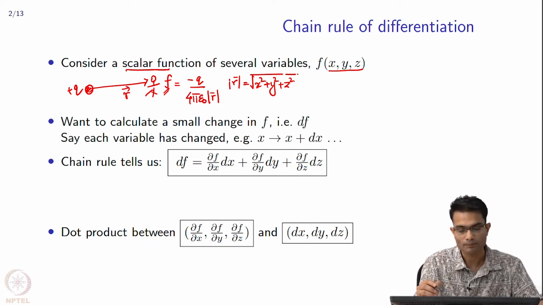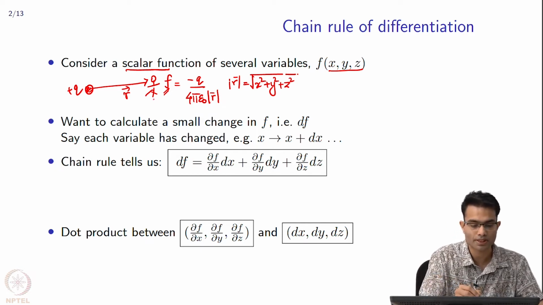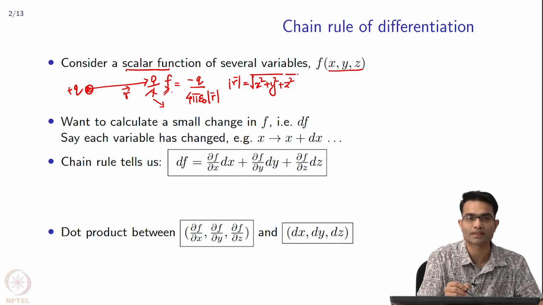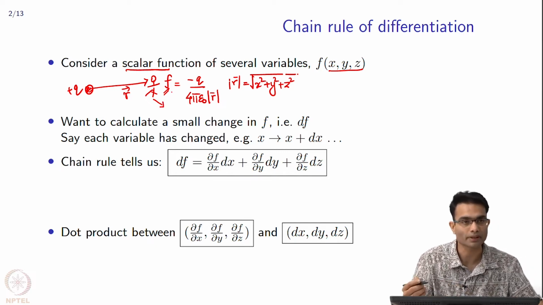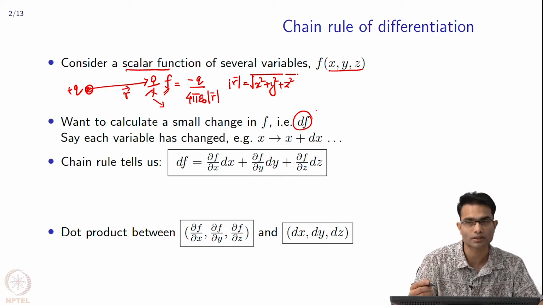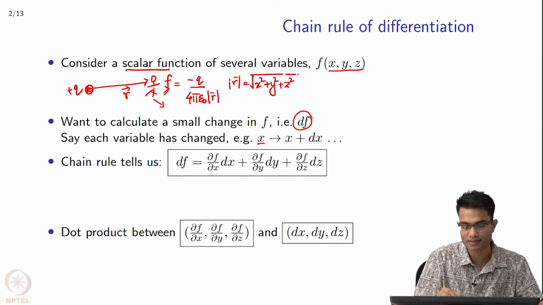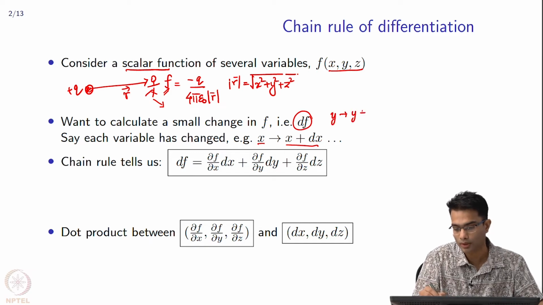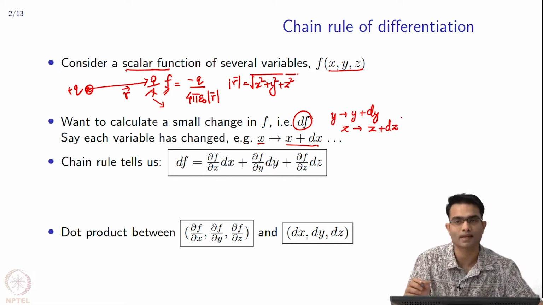Now, let us say that this observer wants to move in some direction, and this direction could be arbitrary, and I want to know how does the potential change. So, in other words, what is this delta f if there is some arbitrary change in the direction of the observer. To make it precise, let us say x changed from x to x plus dx, similarly y will go to y plus dy, and z goes from z to z plus dz. We want to keep it as general as possible.